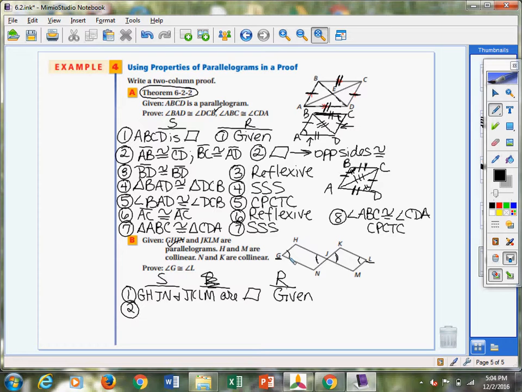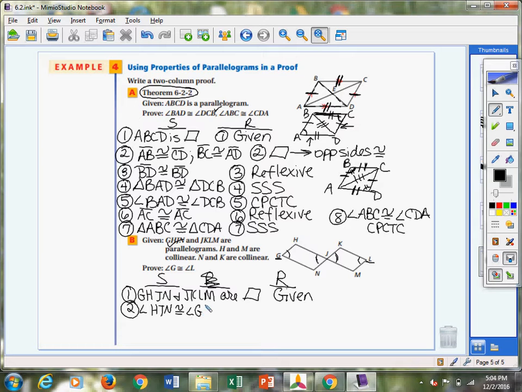So bouncing off the fact that GHJN is a parallelogram and JKLM is a parallelogram, we can say, well, angle HJN is congruent to angle G in that first parallelogram on the left.